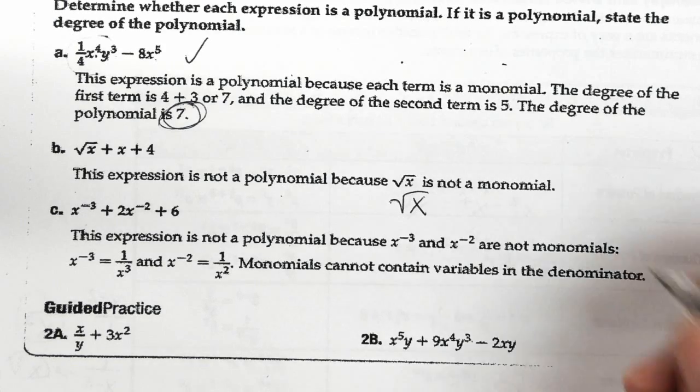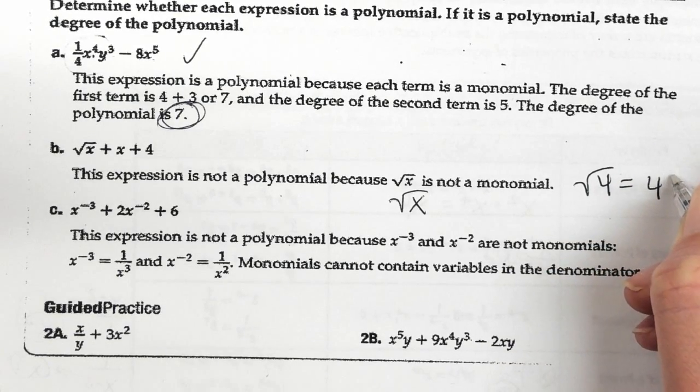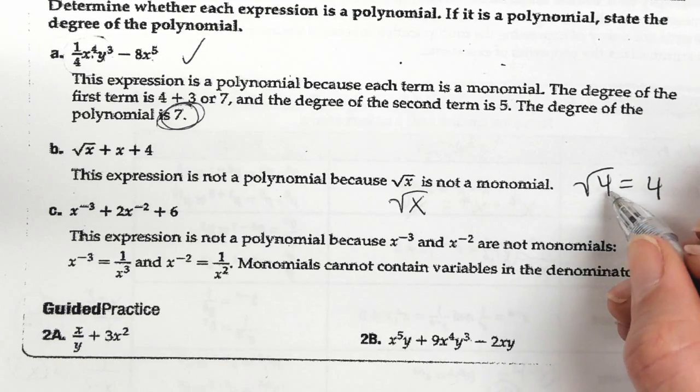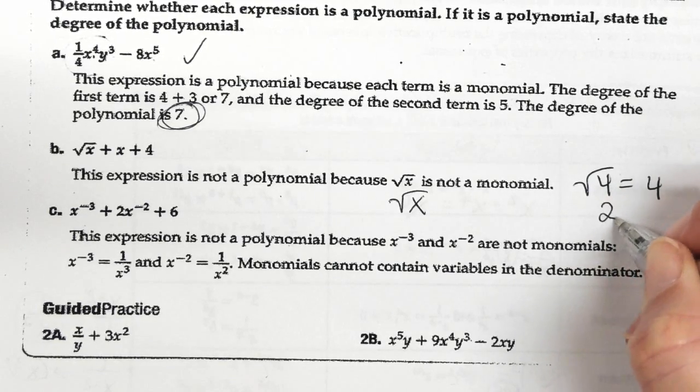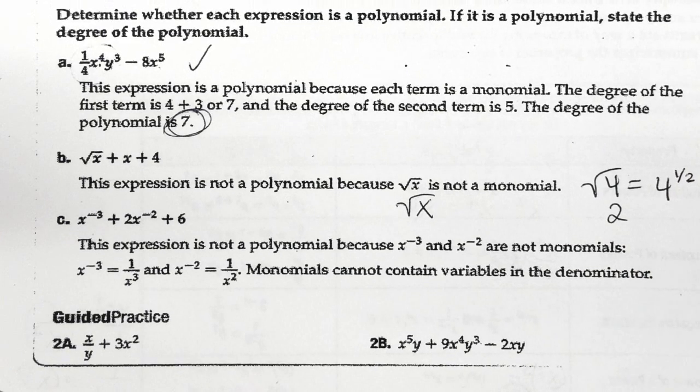If I told you the square root of 4, this is the same thing as 4 raised to what power? Nobody knows? Alright, what is the square root of 4? Type in 4 to the 1/2 power in your calculator. Tell me what you get.